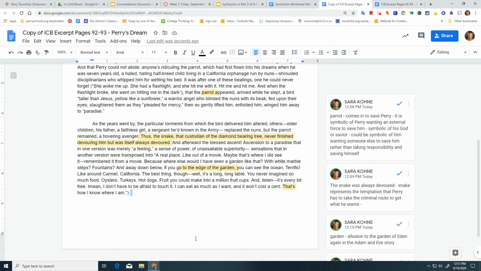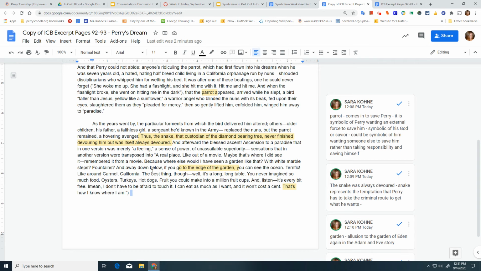As the years went by, the particular torments from which the bird delivered him altered. Others, older children, his father, a faithless girl, a sergeant he'd known in the army, replaced the nuns, but the parrot remained, a hovering avenger.